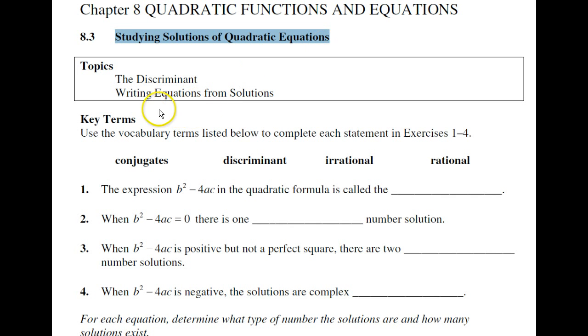Some of the words we're going to be using: conjugates, and I think you're familiar with that. The discriminant is maybe a new term for you. We'll go over that. Irrational, you should know that. And rational. So let's put these words into our matching.